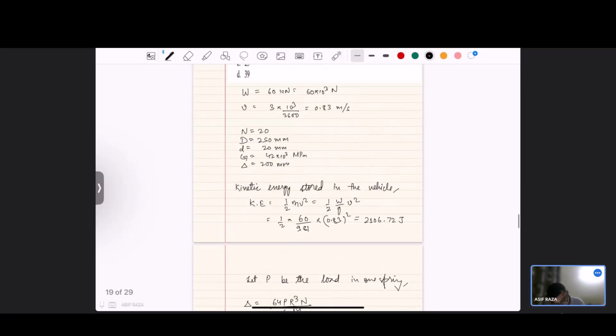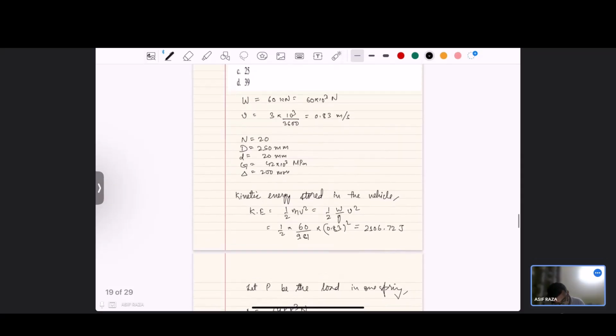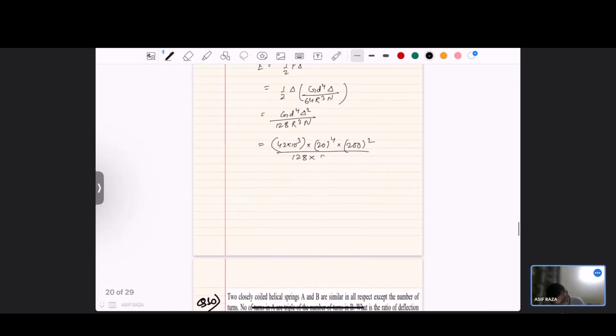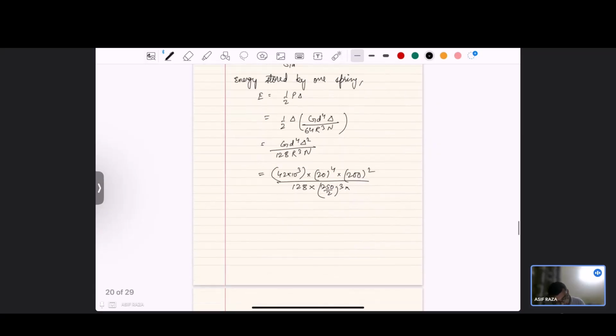R is 250 by 2 cube, and number of turns in a coil is 20.